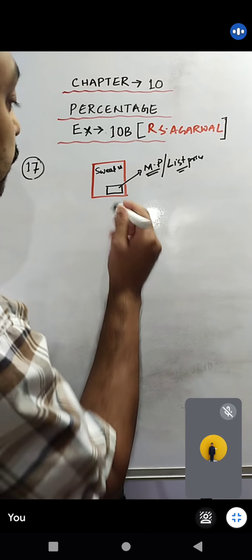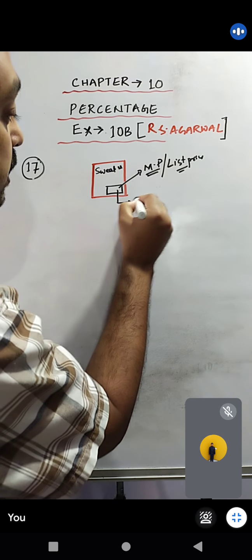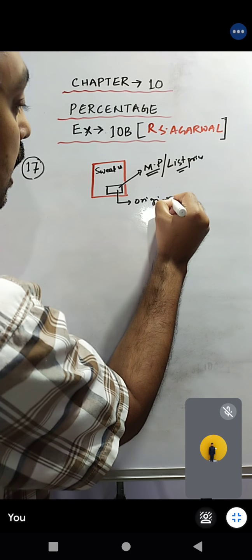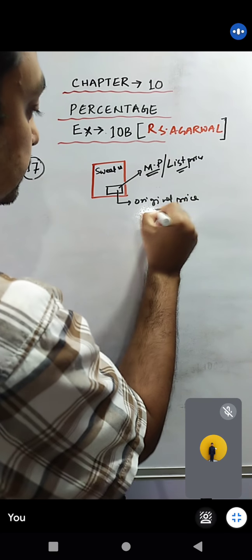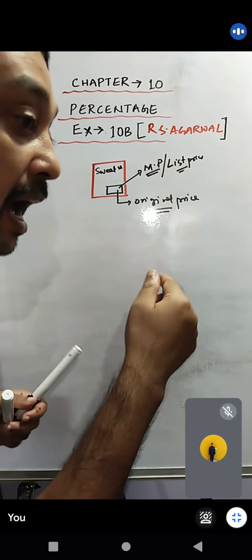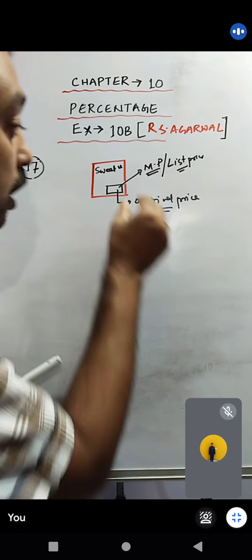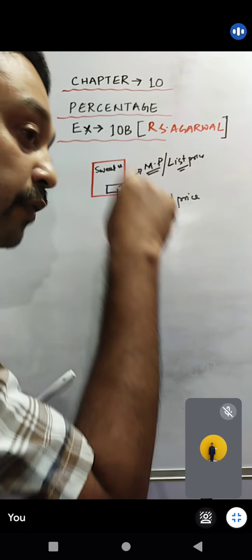That means we have to find the original price. यहाँ original price क्या था? Before increasing, what was the price written here? So you have to find it out.